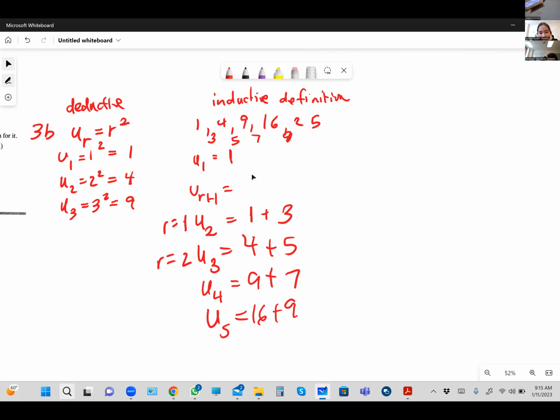In this case your R is 2. In this case 3, your R is 3. In this case your R is 4. How about this? This is your R's.